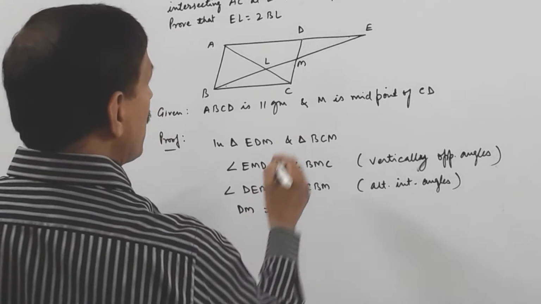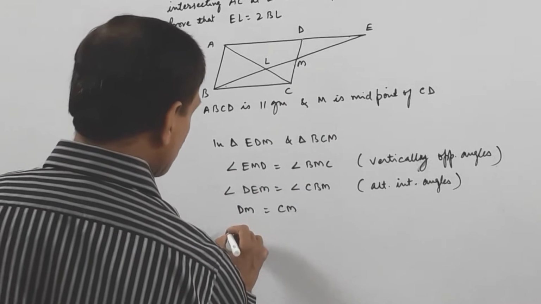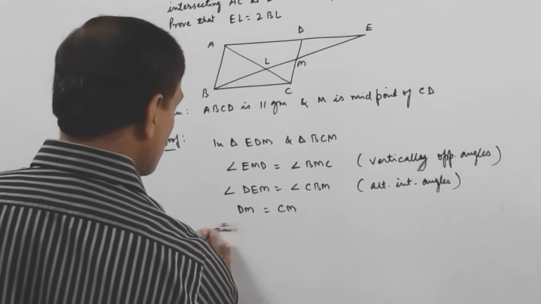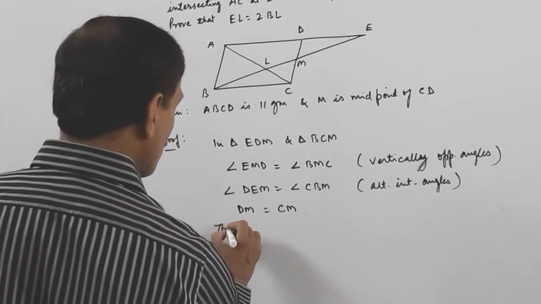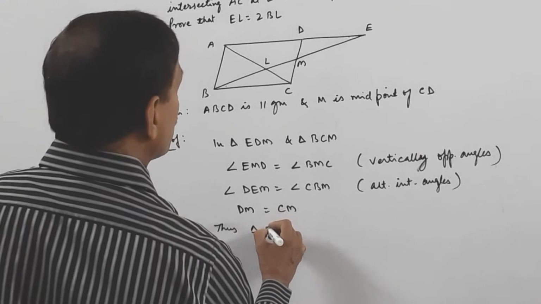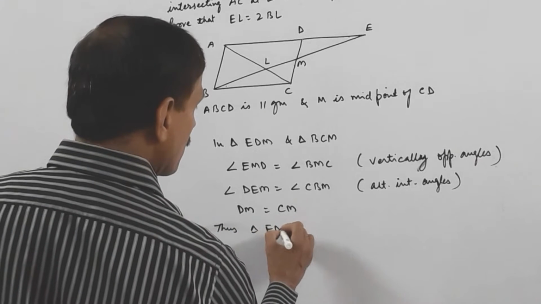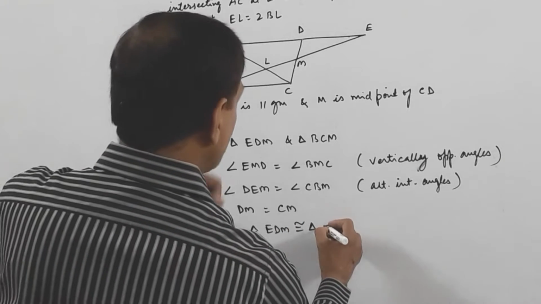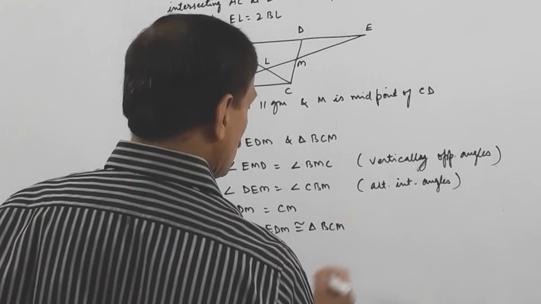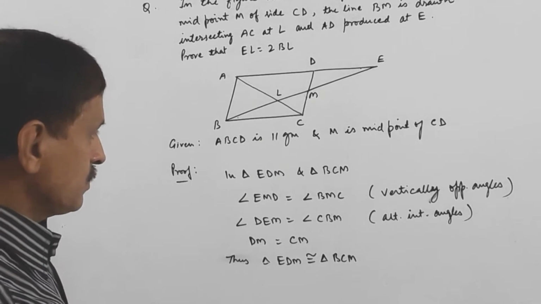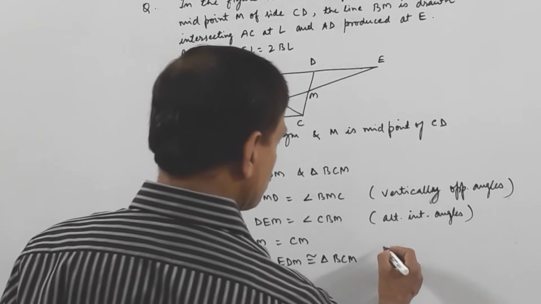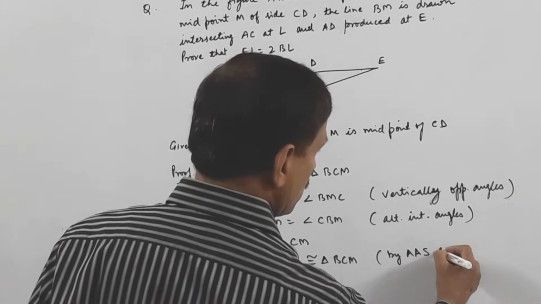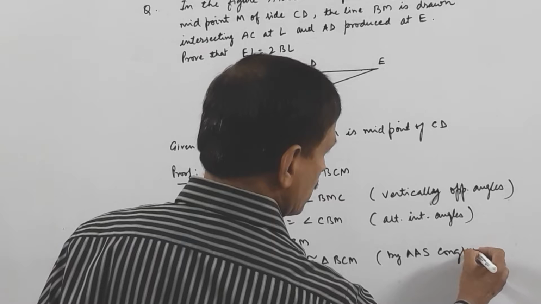Thus, by angle side angle congruency, triangle EDM is congruent to triangle BCM.